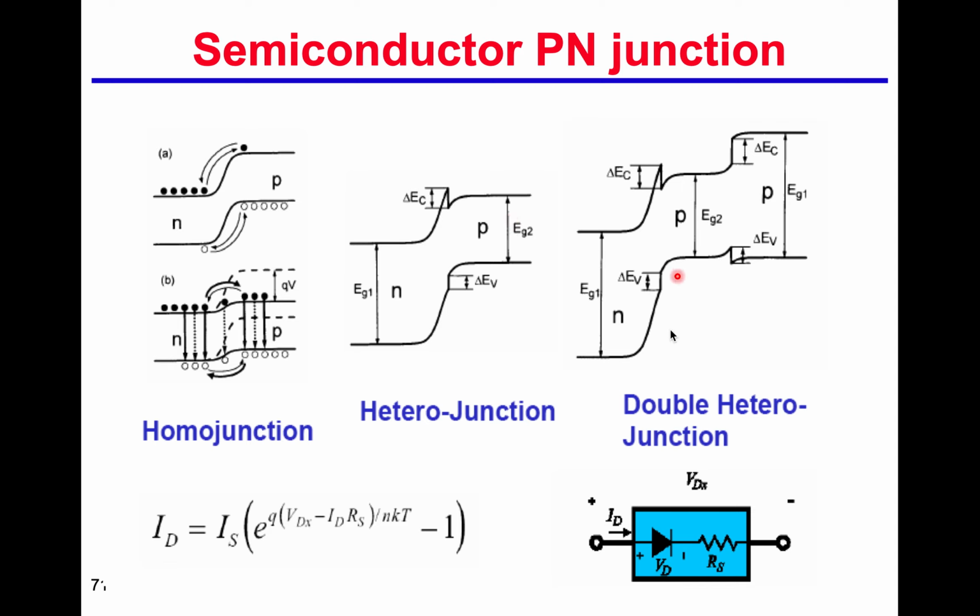The other thing is we can use a double heterojunction. Okay, so we can have the P-type material and N-type material with a larger bandgap. So we can see the energy bandgap is larger here compared to the energy bandgap here. So the hole will go down here and be limited in this region, and the electron will go down here and be limited in this region.